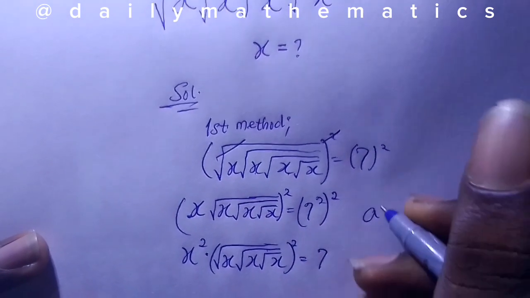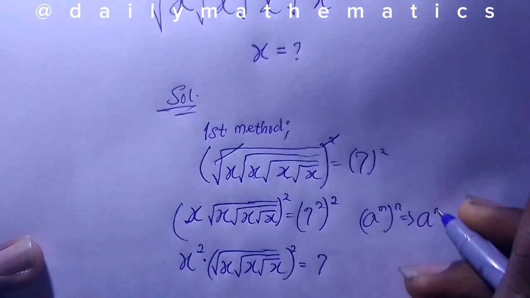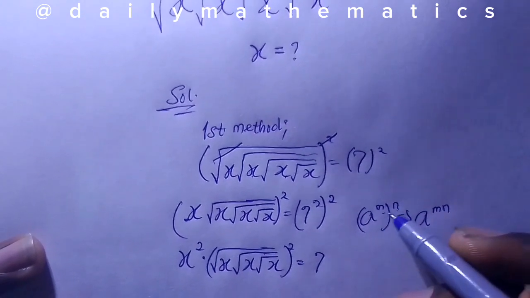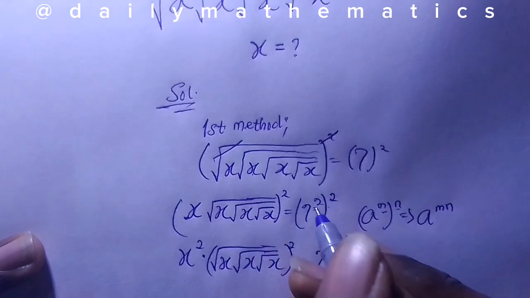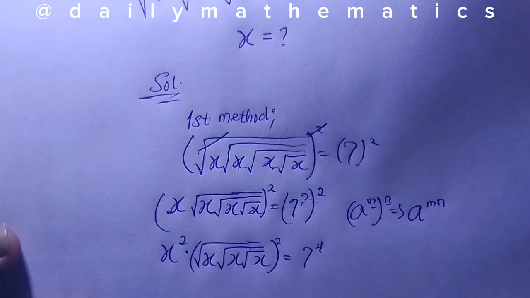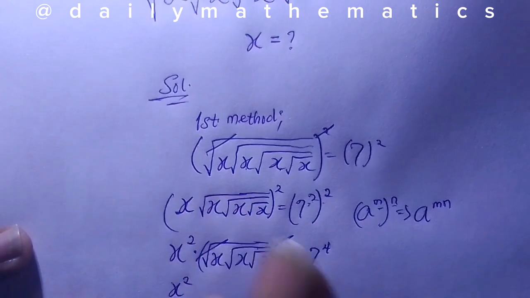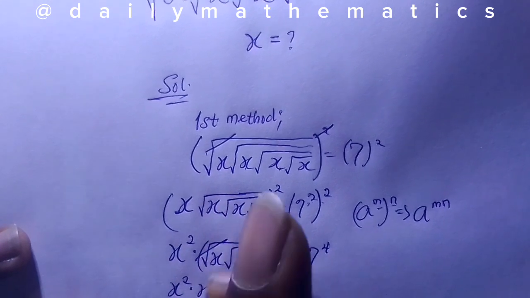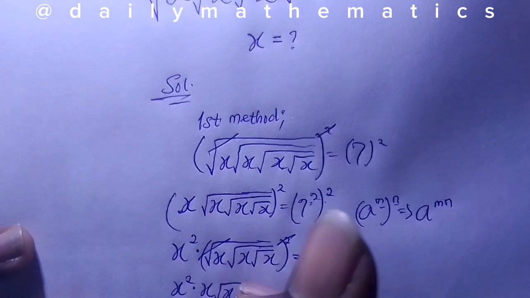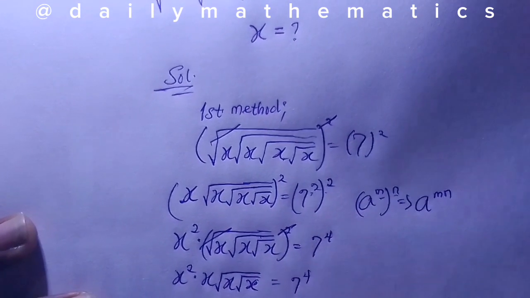When we have a raised to the power of m raised to the power of n, it equals a raised to the power of mn. We can multiply the powers. So from here we have 7 raised to the power of 4. Square cancels square root, so we have x squared times x root x root x equals 7 raised to the power of 4.